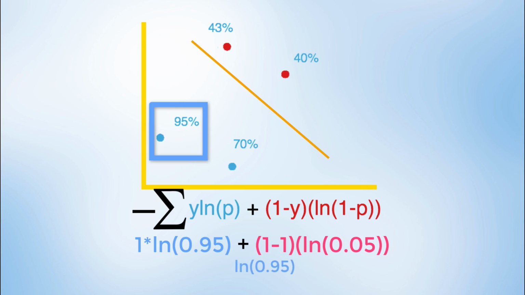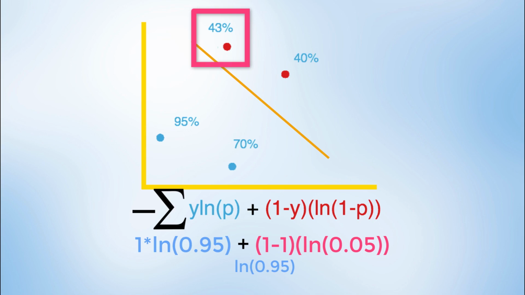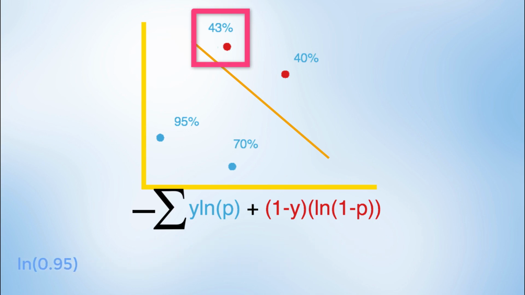And remember, for the red points, before putting them into the cross-entropy equation, we need to determine their probabilities of being red, not blue. And since probabilities add up to 1, the probability of the red point being red is simply 1 minus p of blue, which makes sense for this equation. Let's compute it for this point, the one that's 43% likely of being blue.